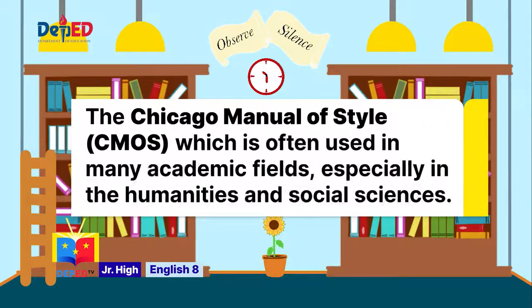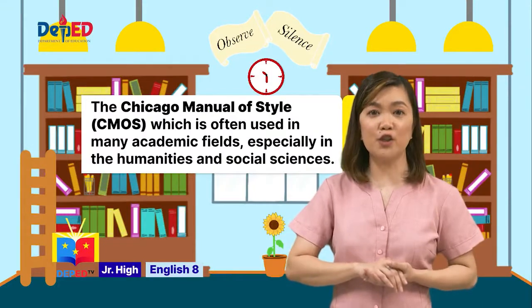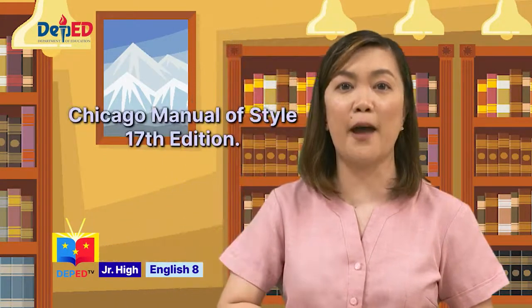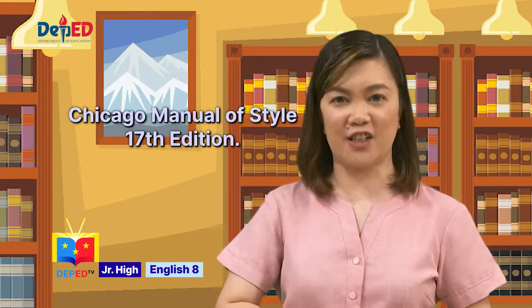And lastly, we have the Chicago Manual of Style or CMOS, which is often used in many academic fields, especially in the humanities and social sciences. In this episode, we will follow the bibliography annotation standard specified in the Chicago Manual of Style 17th edition.